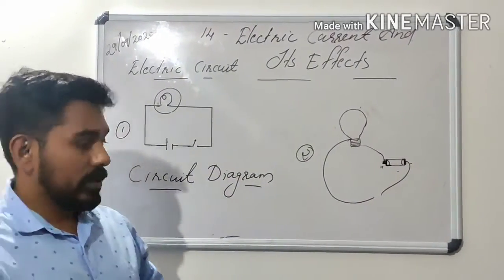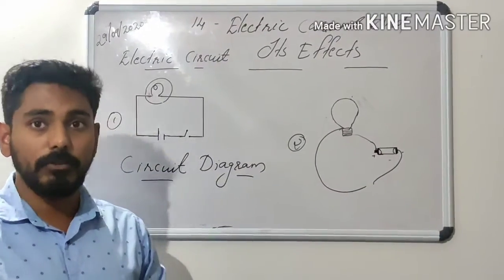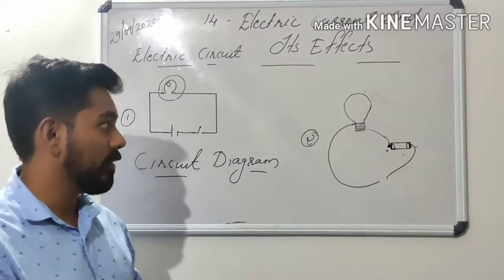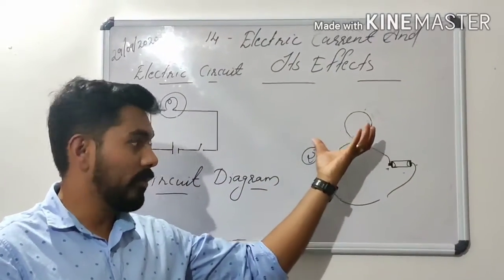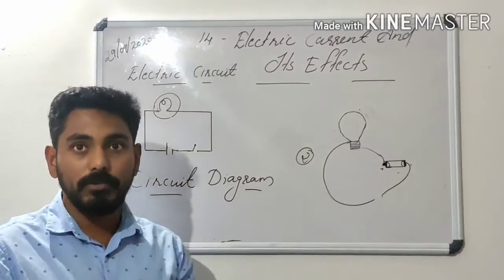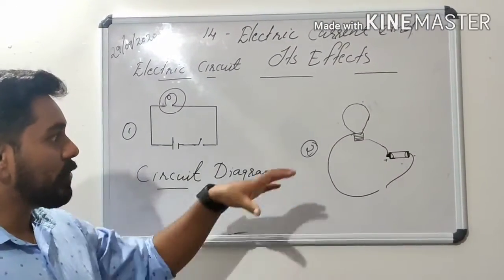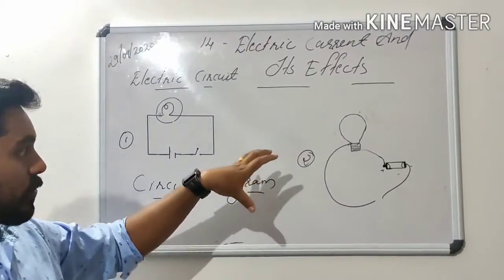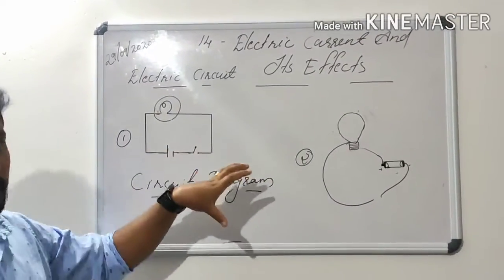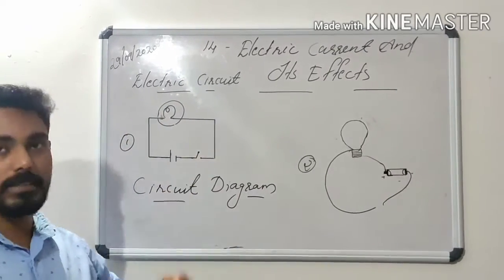Suppose different students are drawing in different ways. You might draw one way of a bulb, and another student makes another bulb, so it will be different and will not look unique. That's why, to get a unique diagram, we use symbols in an electric circuit.